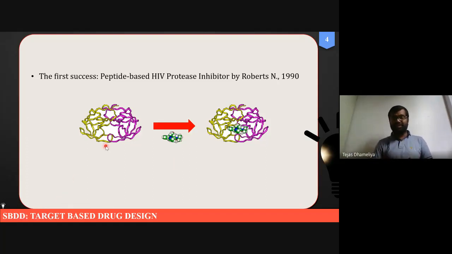Target means our protein. If we are discussing COVID-19, there are so many kinds of proteins known, such as ACE2, angiotensin converting enzyme 2, M-pro protein, spike protein, the RNA dependent RNA polymerase protein, and several other proteins reported as integral components of COVID-19, right?